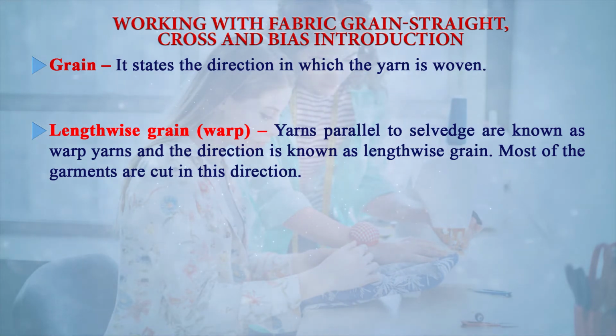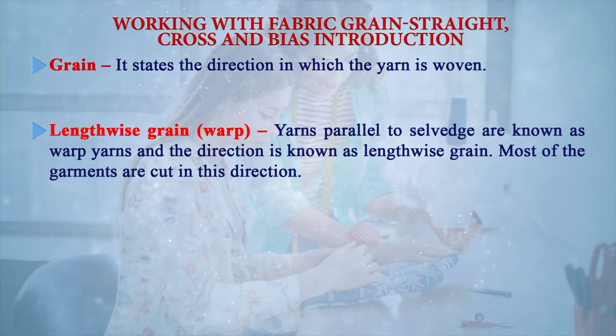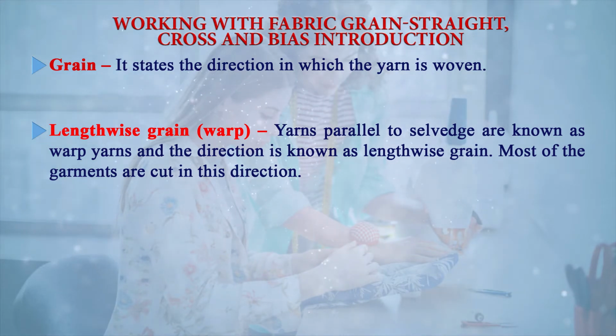When you see a fabric, you see 2 yarns, and the yarn which is parallel to the selvage, or the edge of the fabric, is the lengthwise grain, and most of the garments are cut in this direction only. So when you cut the fabric for garment construction, most of the fabric is cut in the lengthwise direction.